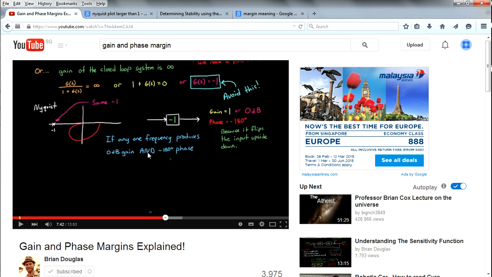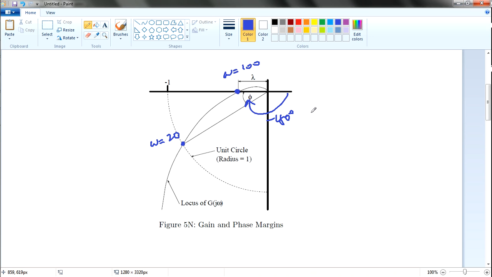So there are two conditions: one condition is that it touches this place, or it's negative 180 degrees. So there are only two conditions: gain of one and 180 degrees, you will be unstable.